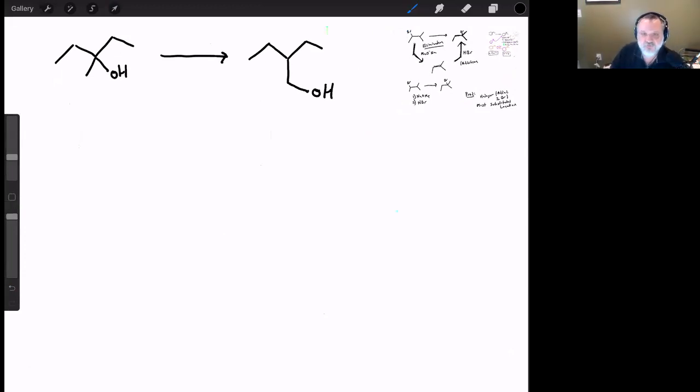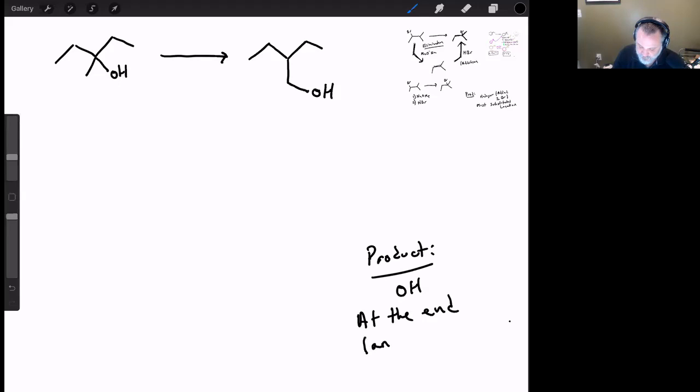How could I accomplish this transformation? Well, really, we're going to approach it the exact same way. Let's think about the product and let's think about what there is on this product. On the product, we have an OH, and it's at the end. And this kind of indicates that if it was added, then it was added anti-Markovnikov.